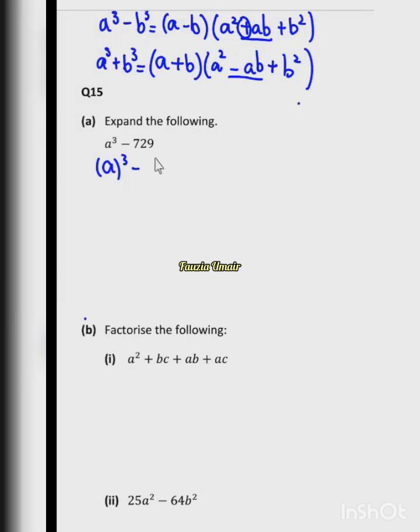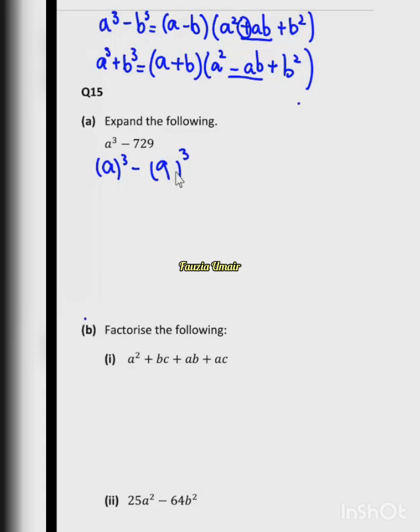Eighth class, anyone? Can you tell me 729 is the cube of which number? 9? Ma'am, that's right. It's the cube of 9.